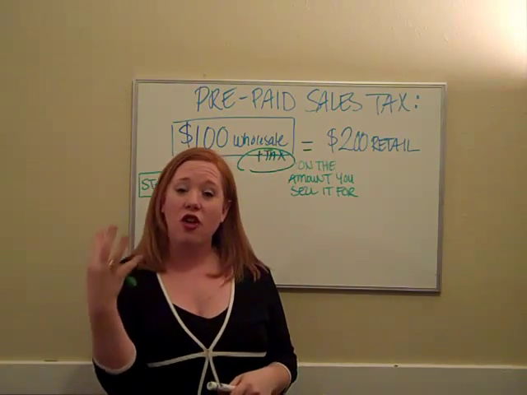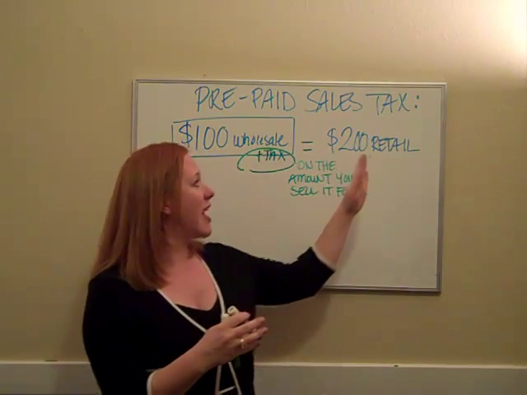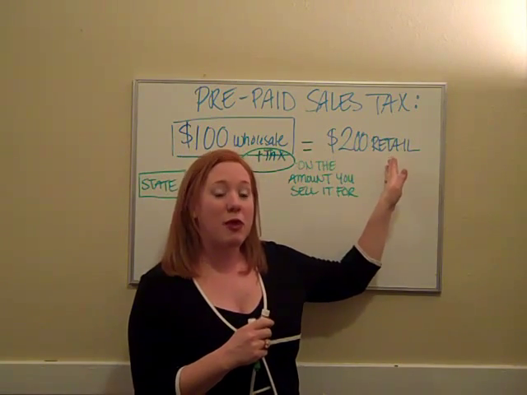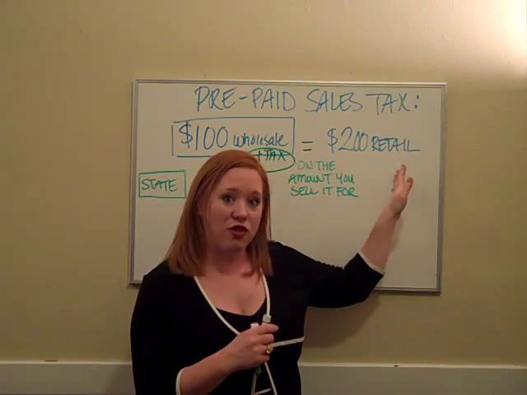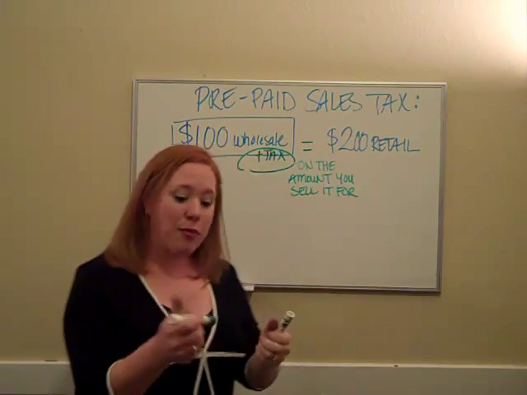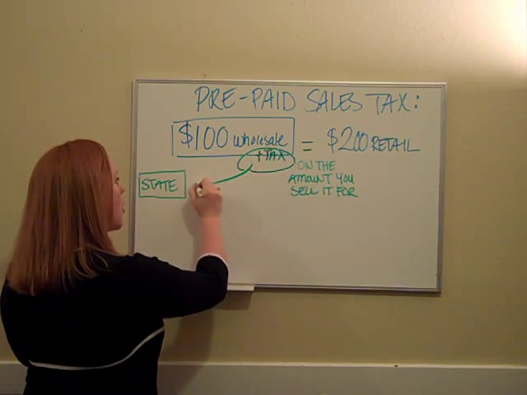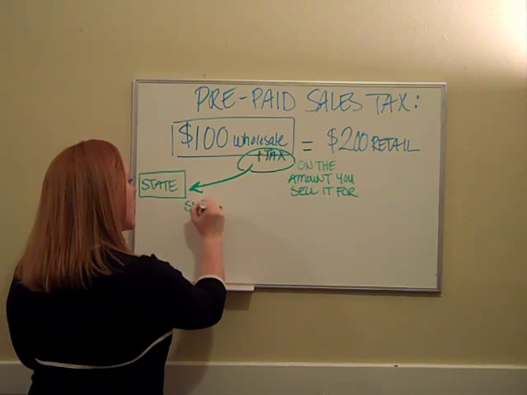So if you buy $100 wholesale, Mary Kay Corporate is going to assume that you're going to sell it for $200 retail. So you are going to be prepaying the sales tax as if you had already sold the full $200. And with that prepaid sales tax, what happens is Mary Kay collects it from you and then sends it to the state for you under your Social Security number.